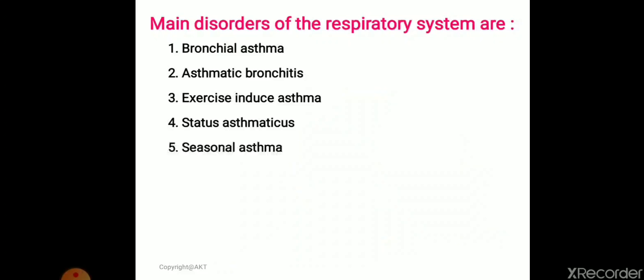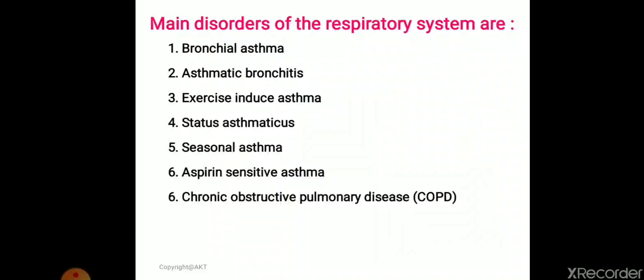Seasonal asthma arises during a particular season, like winter or spring. Aspirin sensitive asthma is observed in some patients who are taking aspirin. And chronic obstructive pulmonary disease, COPD, which is commonly encountered in chronic tobacco smokers.